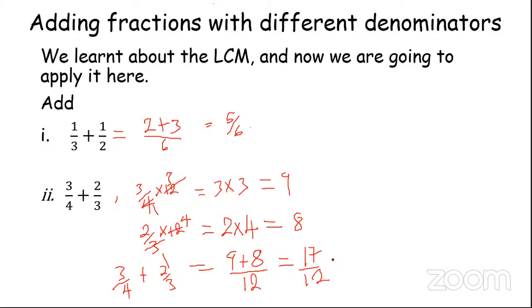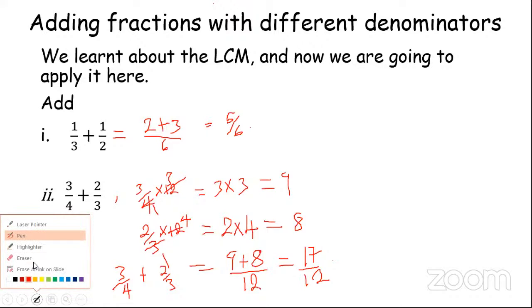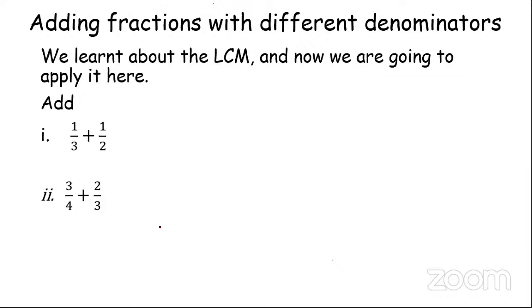Okay. So I think we can as well wrap this. Okay, so in summary, we have seen that this would be 12, then 9 plus 8, which gives us 17 divided by 12.